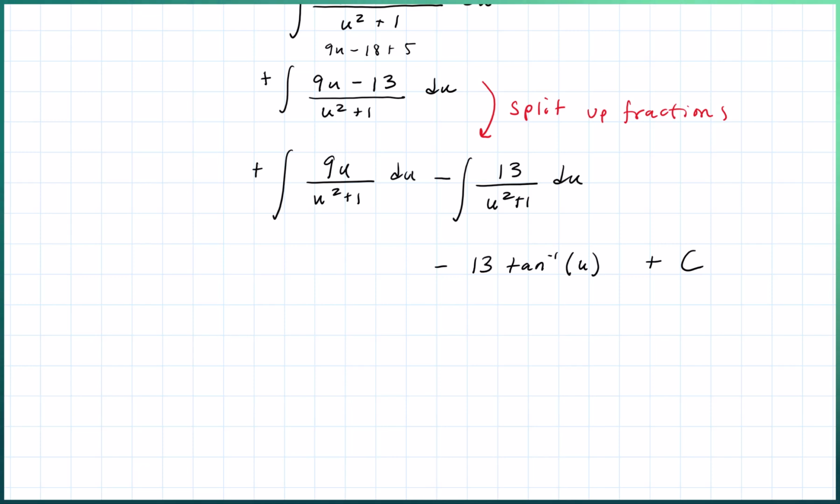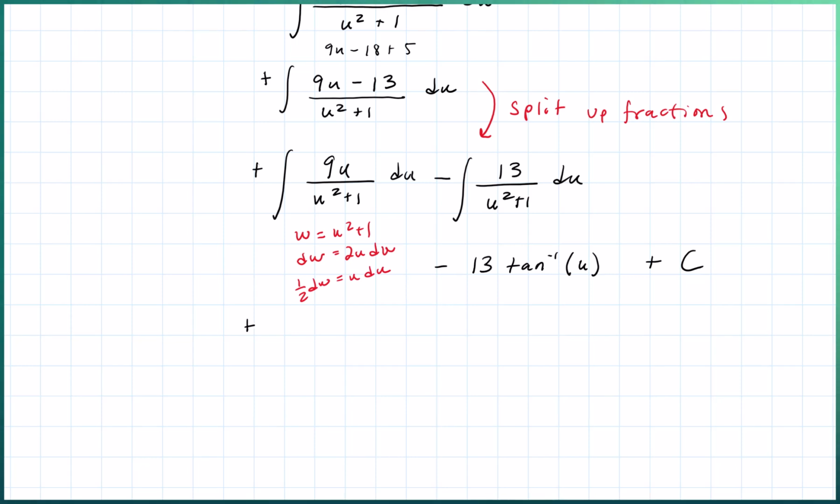This piece here is going to involve another substitution, so let's let it be w. W equals u squared plus 1, so my dw is 2u du. Keep track of all my variables here. And then 1/2 dw equals u du, and I can make those substitutions.